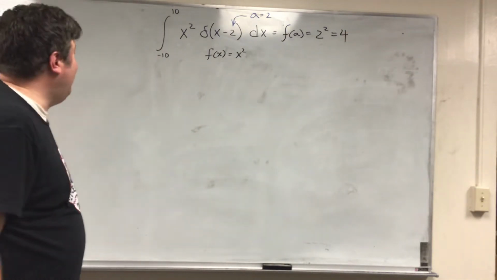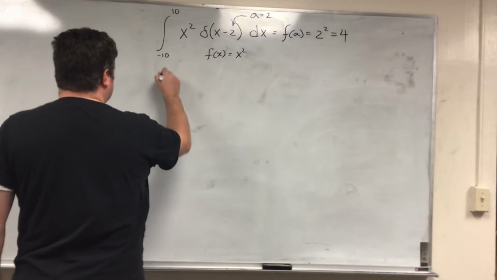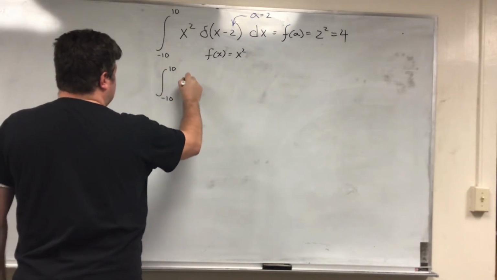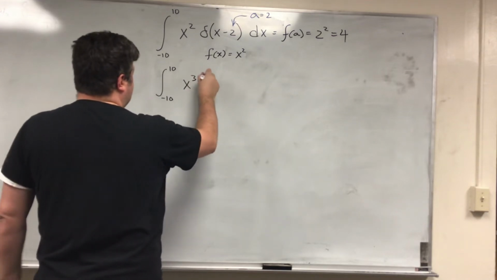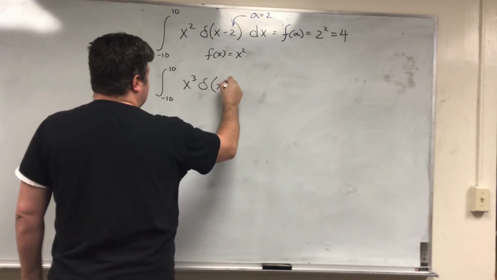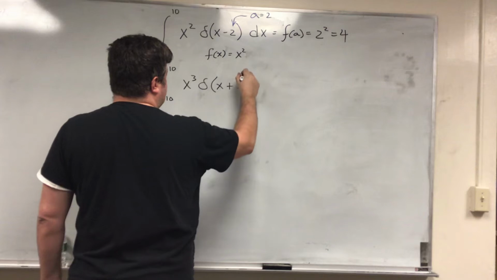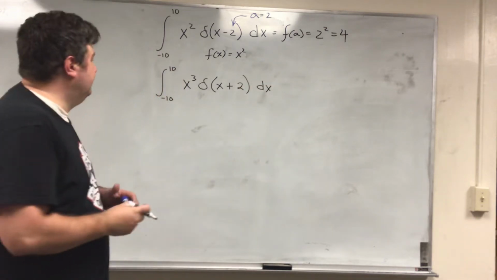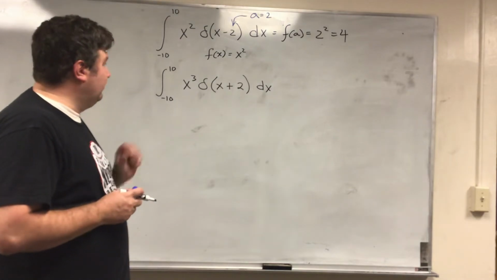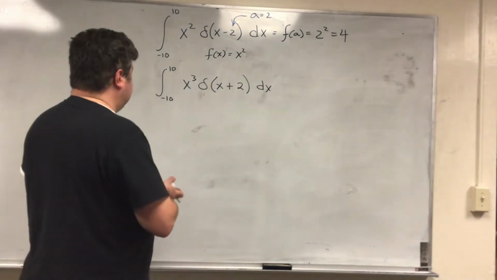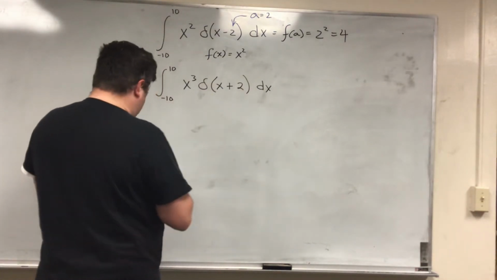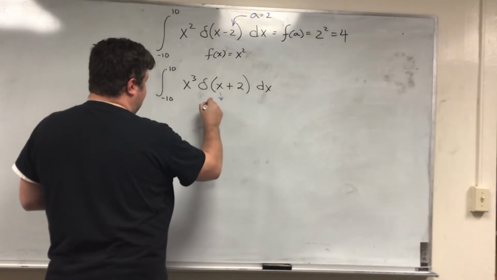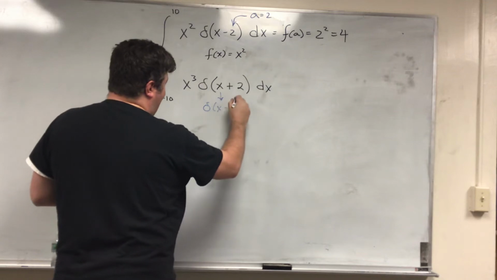Okay, let's do another example. Let's look at this. Remember how the model for the delta function looks like: delta of x minus a.